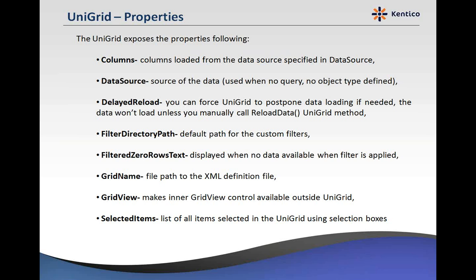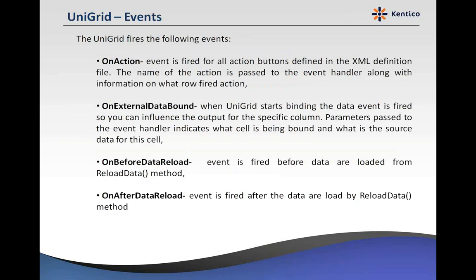The grid name is the property that you can use for specifying the path to the XML definition file. The grid view makes available the inner grid view control, so you can eventually manipulate the grid view control that is used as a base for UniGrid, and the selected items property, the one that we already demonstrated the purpose for.